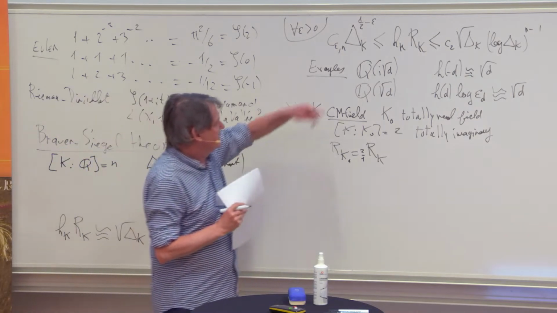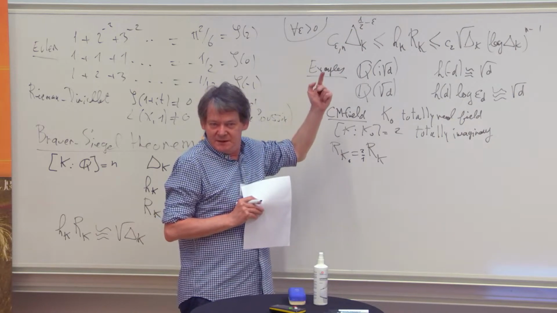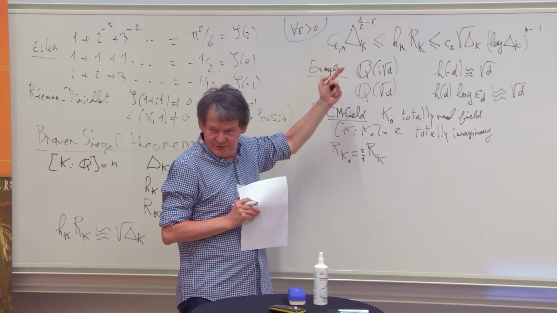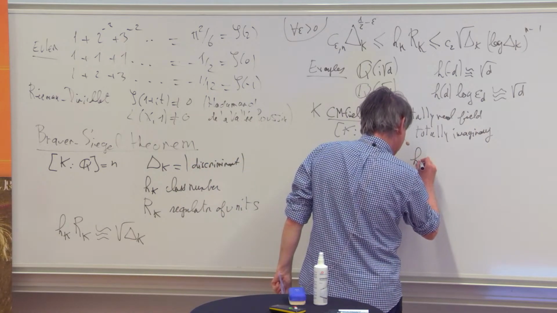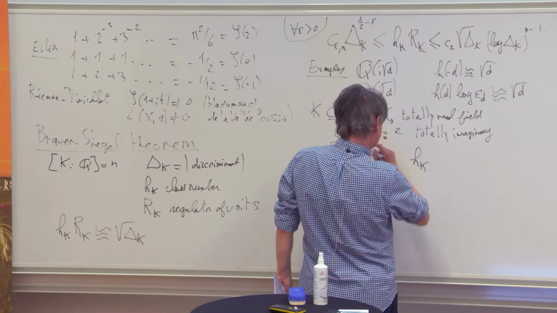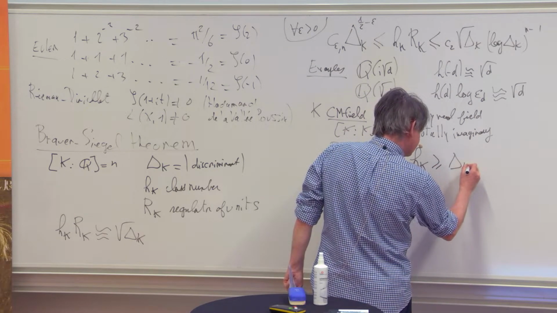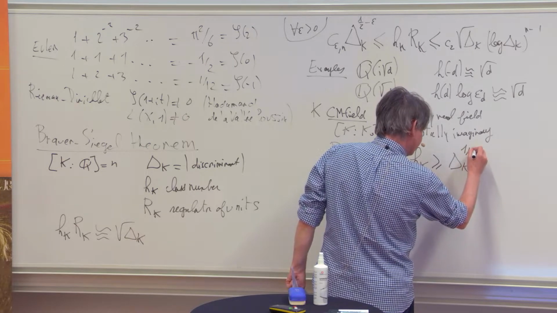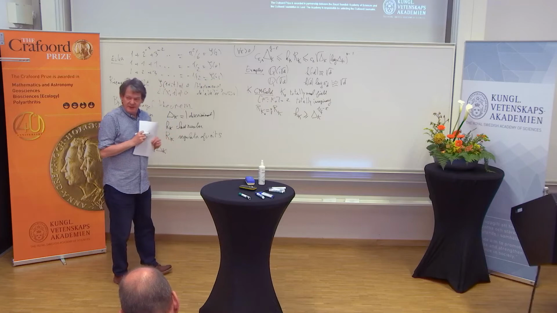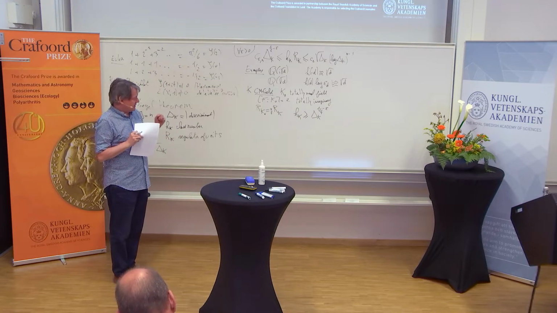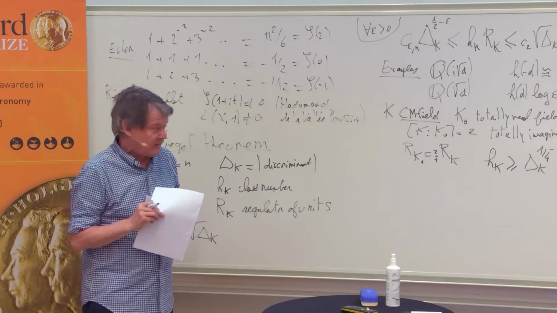So if you take the quotient of the two, you get an estimate for the class number, and when you wind up things, you get that the class number grows at least like the discriminant to the power 1/4 minus epsilon. So it's not an equivalence, but it's one of the very few cases where you can prove that the class number has to go to infinity.